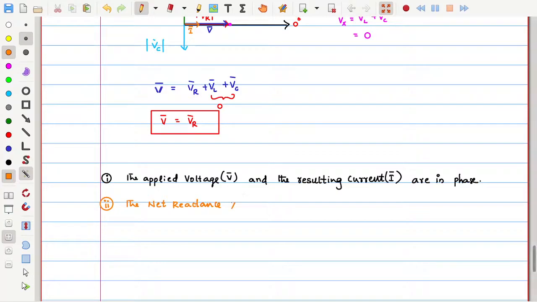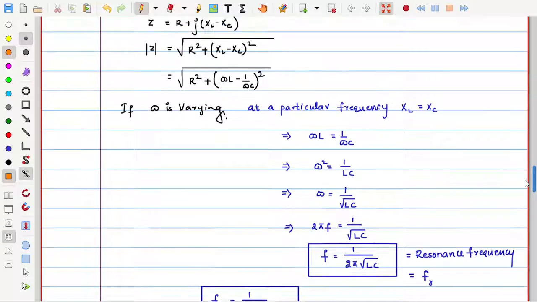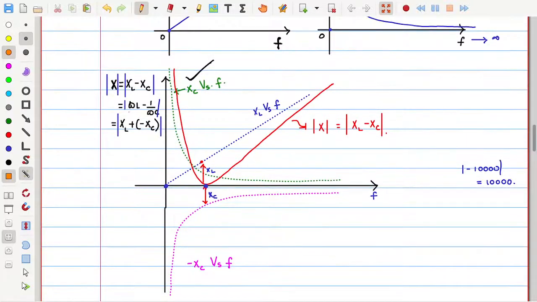How much is the net reactance? X. We had seen that. Let me show that here. This is the net reactance, which is XL minus XC. Under resonance condition, XL is equal to XC. Then when XL is equal to XC, what is the net reactance? 0.